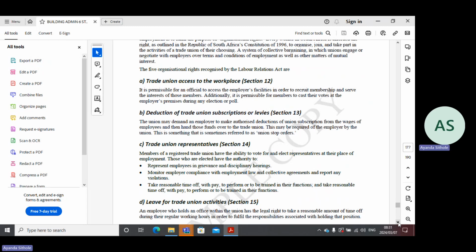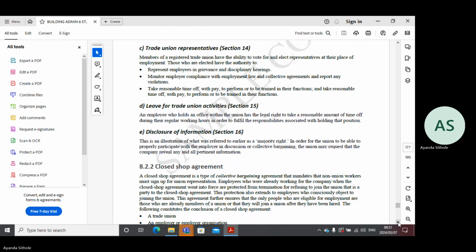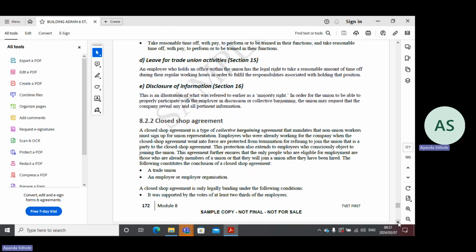Okay, and then we go through to leave for trade union activities. There is also leave for trade union activities. An employee who holds an office within the union has the legal right to take a reasonable amount of time off during their regular working hours in order to fulfill the responsibilities associated with holding that position.